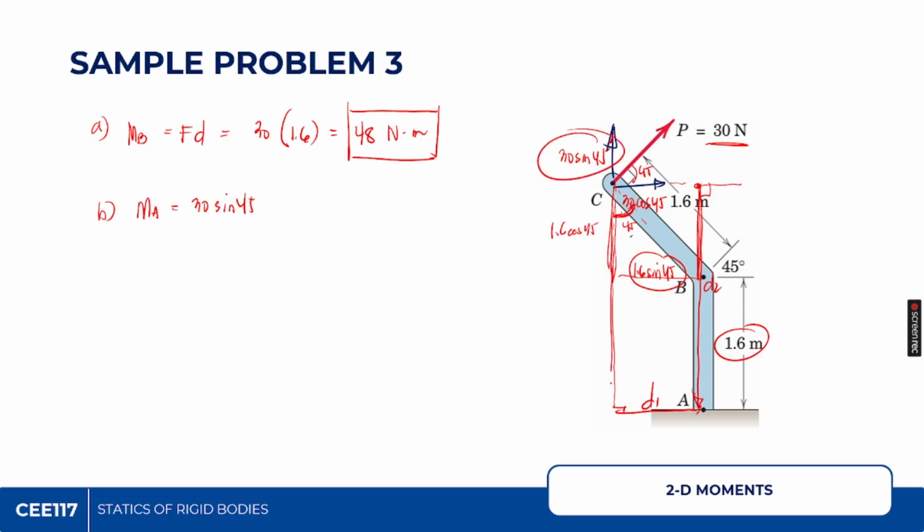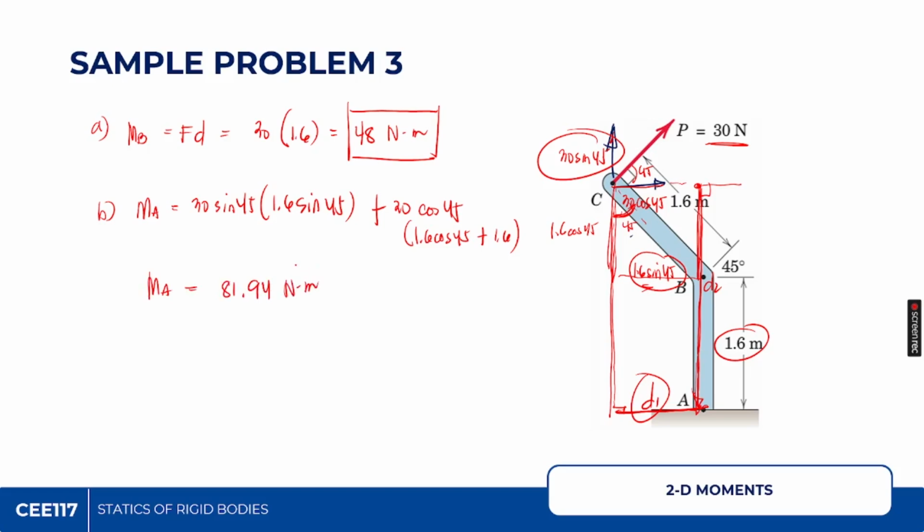Then yung perpendicular distance niya, papuntang sa A, D1, which is equivalent to 1.6 sine 45. Plus, that is 30 cosine 45 multiplied by 1.6 cosine 45 plus another 1.6. Ito naman yung perpendicular distance niya. If you solve that using your calculator, that is about 81.94 Newton meter. Okay? That is basically your answer for that problem.